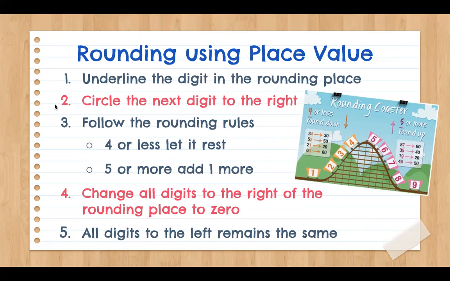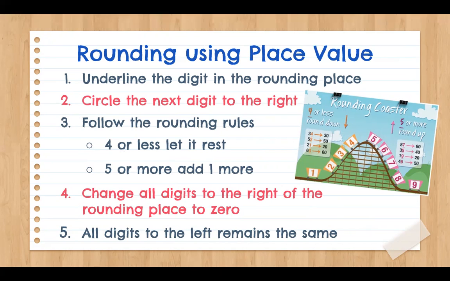Rule number 2, circle the digit to the right. So we will be circling that digit. Then follow the rounding rules. If the number that we circled is 4 or less, we let the number on the left rest.